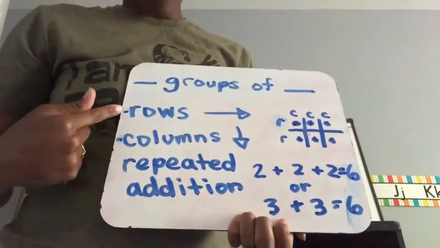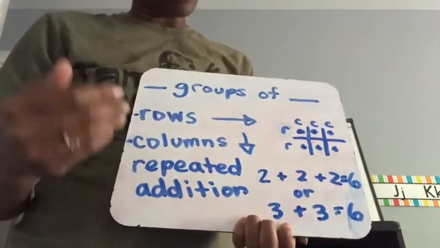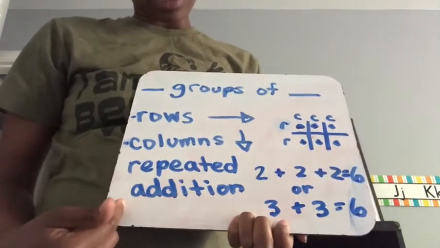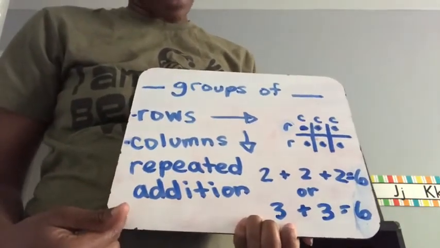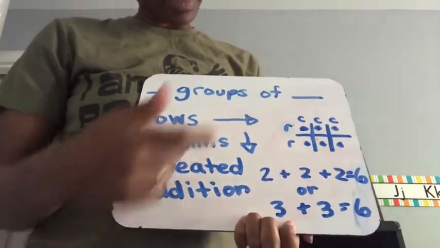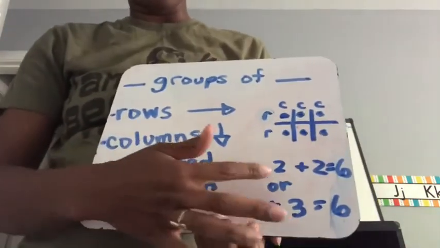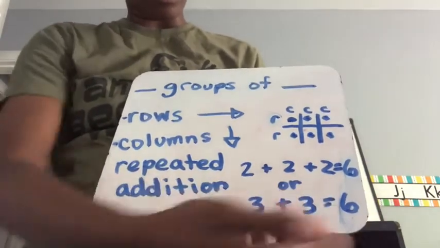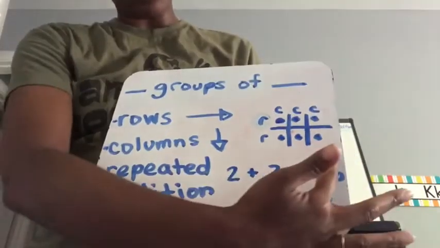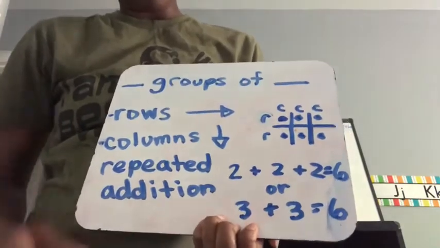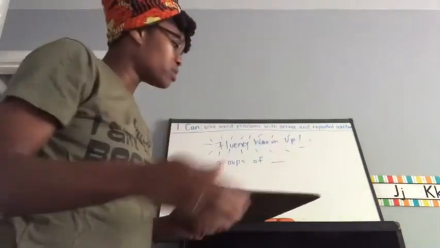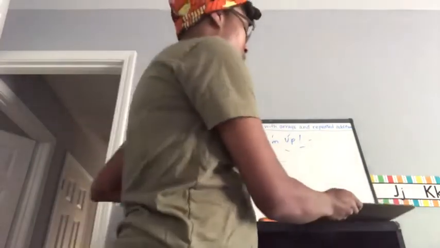Okay, remember that rows go across, columns go up and down, and that when you're writing repeated addition sentences, it can either match the columns, like 2 plus 2 plus 2 equals 6, or it can go along with the rows, 3 plus 3 equals 6. Okay, and I'll refer to that same language throughout the video.